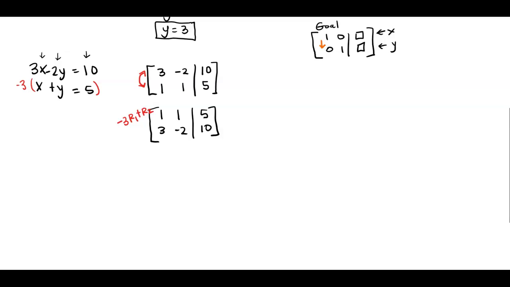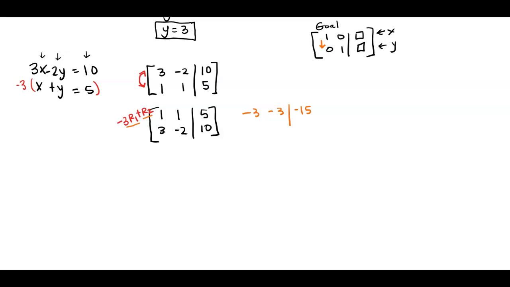Now I'll do a little bit of work out here to the side so you can kind of see what I'm doing in my head. And, you know, because sometimes just writing it out is going to be a good way to start off with this. So -3 times row 1. So if I multiply that whole top by -3, I'd have -3, -3, and -15. All right, and that's all I did so far, was just this first part, that -3 times row 1.